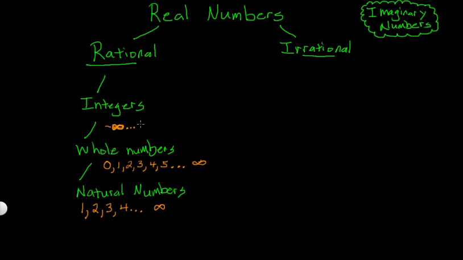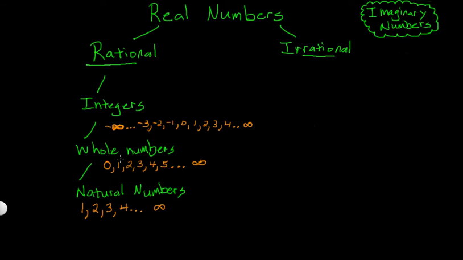So these are numbers like -3, -2, -1, 0, 1, 2, 3, 4, all the way to positive infinity. So these are our integers. These are the negative and positive non-decimal numbers. You can also think of them as the whole numbers and their opposites.